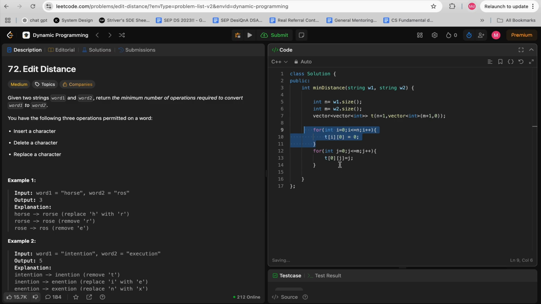The first column will be whatever the value of that index is, and the first row as well.